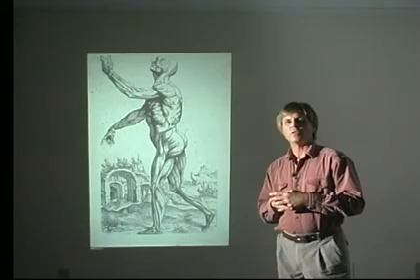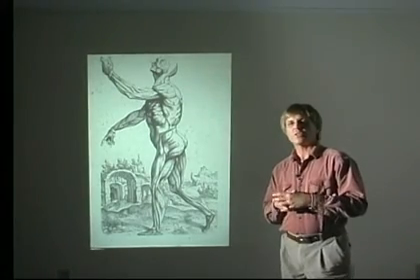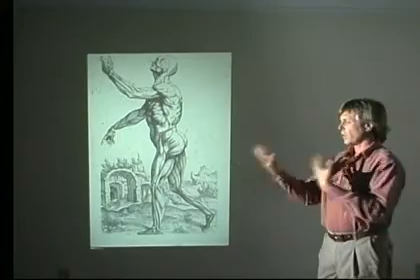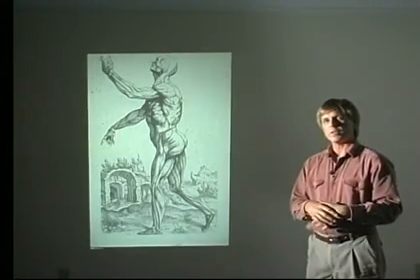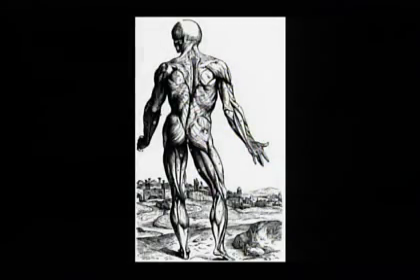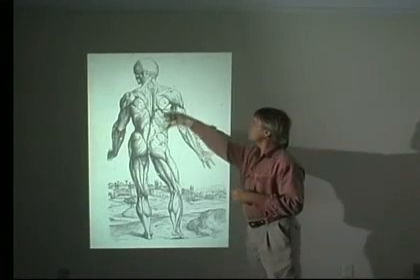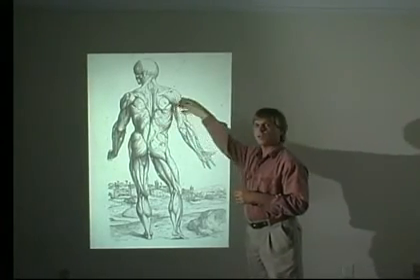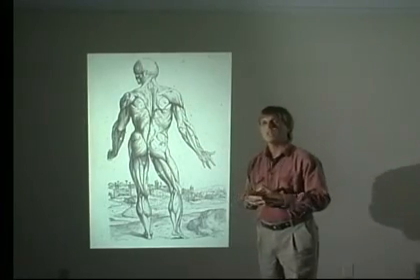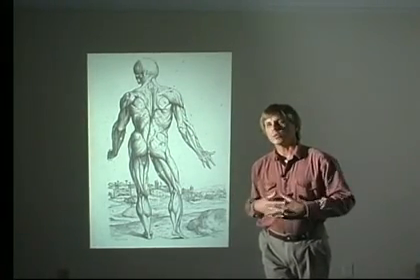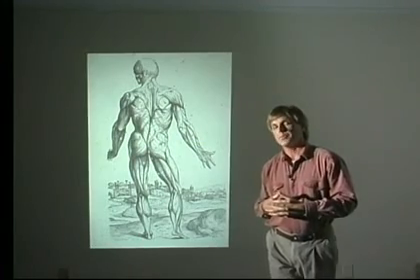Let's go through a few more Vesalius pictures and just see how this system is arranged. Again, we're looking at the muscles, but if you do a kind of figure-ground shift, everything that isn't the muscles is the fascia. So here you can see the fascia from the back, and you can see in the grain of the muscles that generally also follows the grain of the fascia. We'll be able to see that the fabric of the fascia has a warp and a woof to it, just as fabric does.